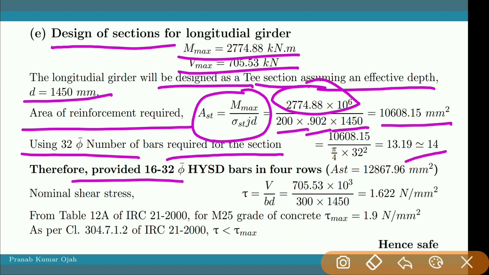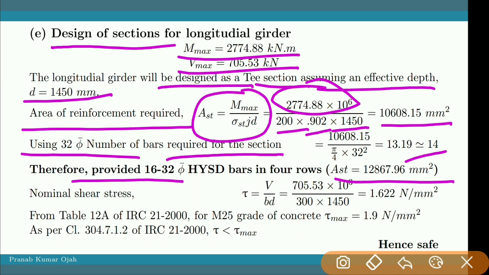When I provide the reinforcement in 4 layers, all the layers should have the same number of bars. So each layer will have 4 bars, and finally it will be 4 into 4 layers, 16. The area of steel provided is 12,867.96 square mm. This much is the area of reinforcement I have provided.